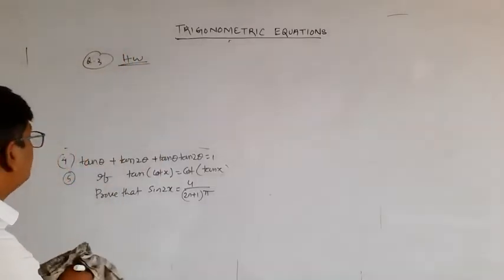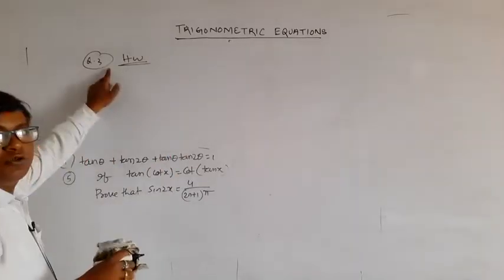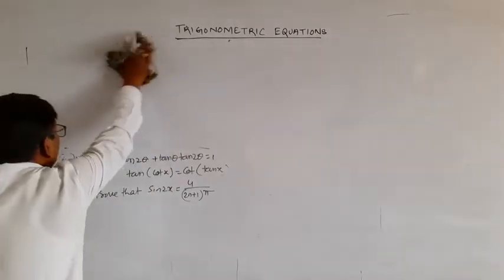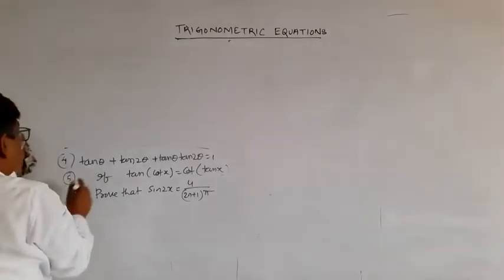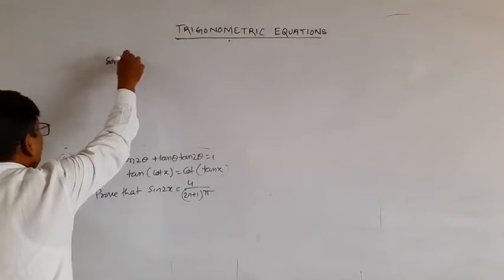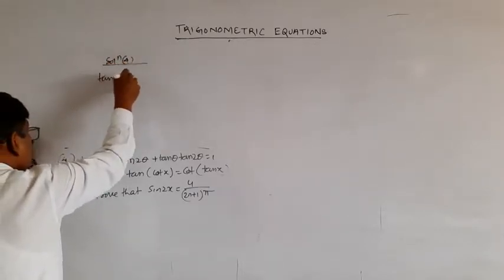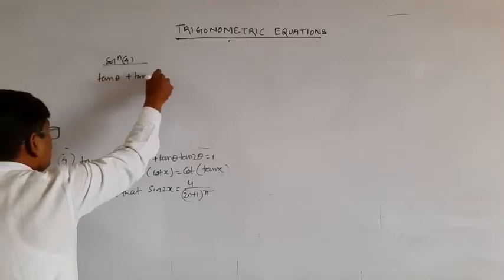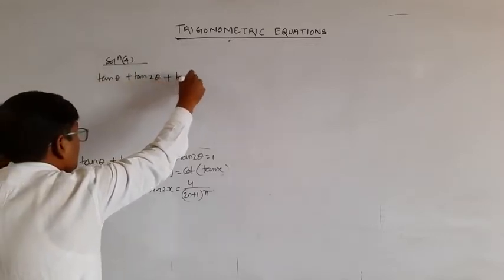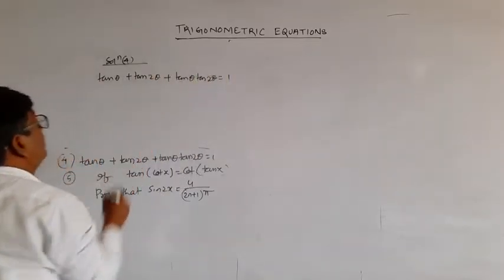Solution of question number 4: tan theta plus tan 2 theta plus tan theta into tan 2 theta is equal to 1.